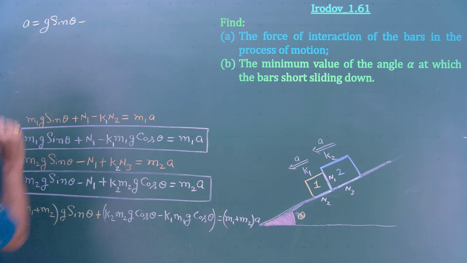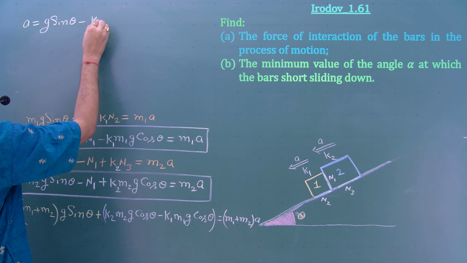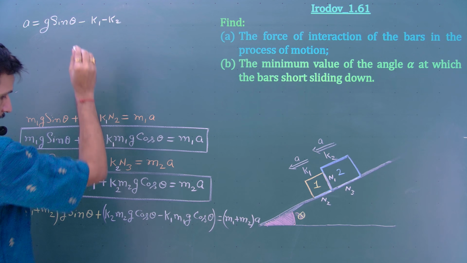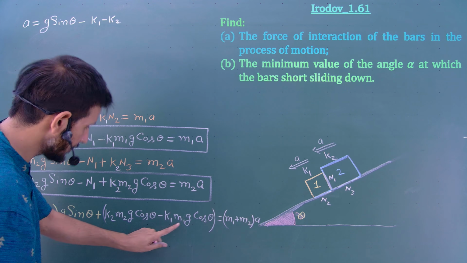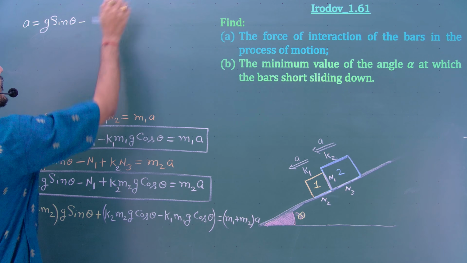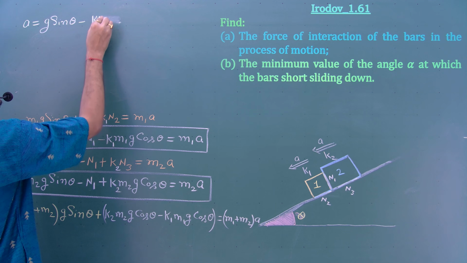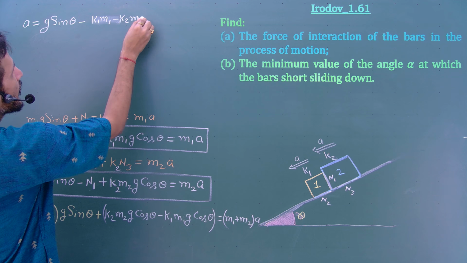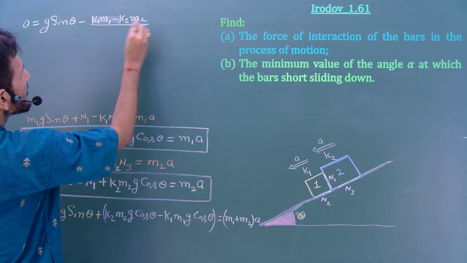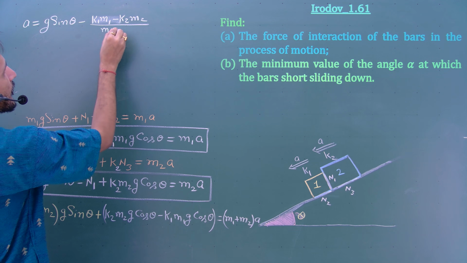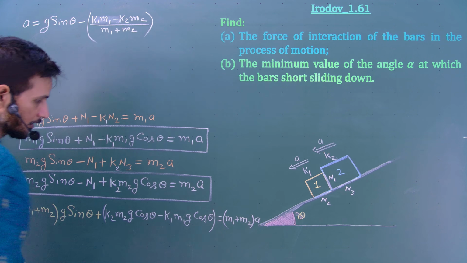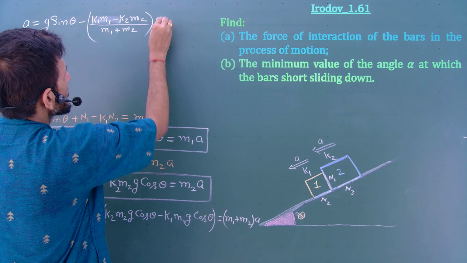so this must be k1 minus k2. So minus, k1 m1 minus k2 m2 divided by m1 plus m2 into g cos theta.